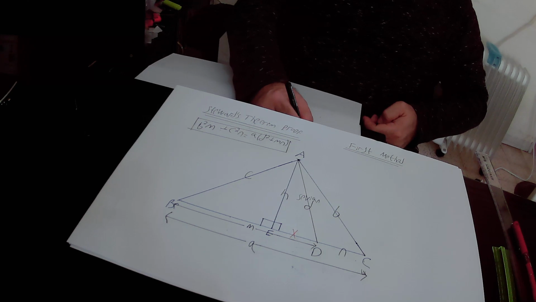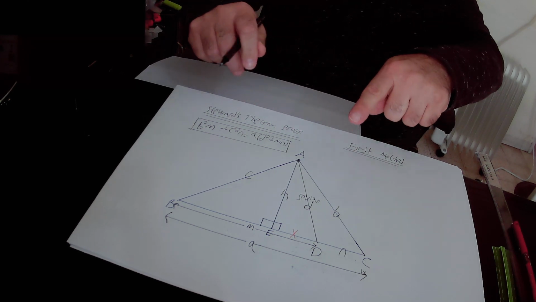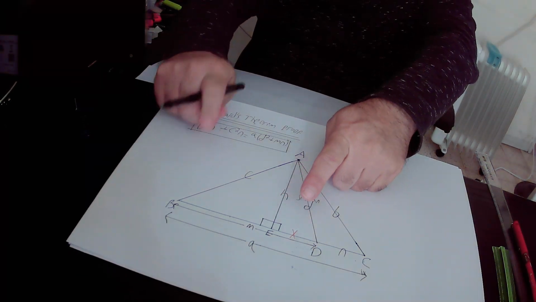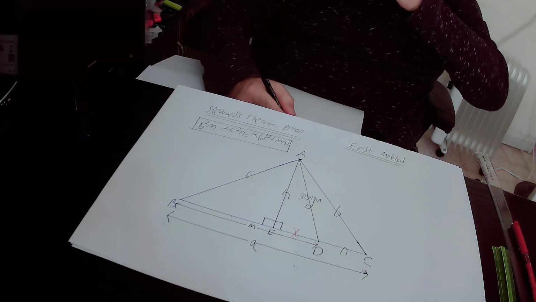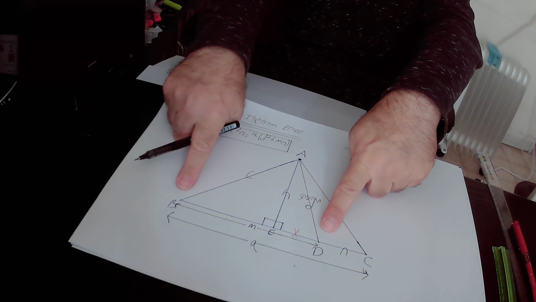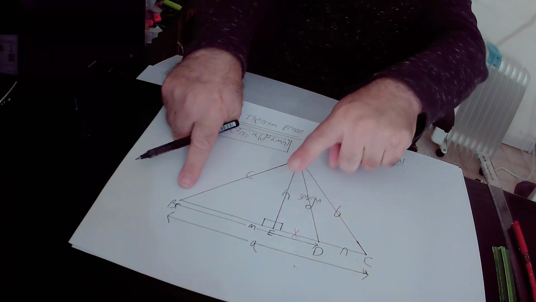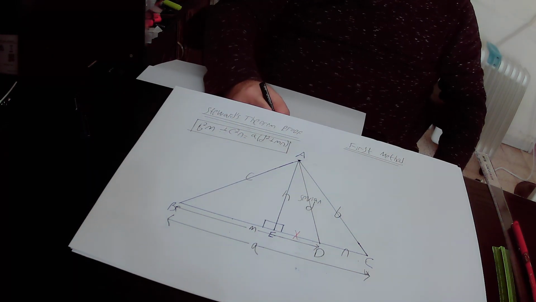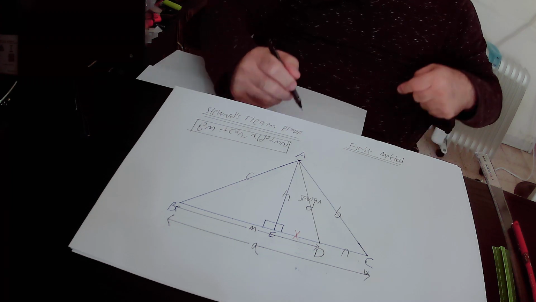So this line segment BE equals BD. BD equals M units in its length, so we substitute BD by M, minus ED.